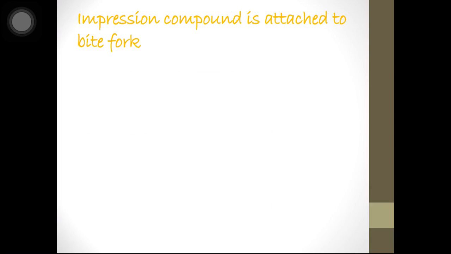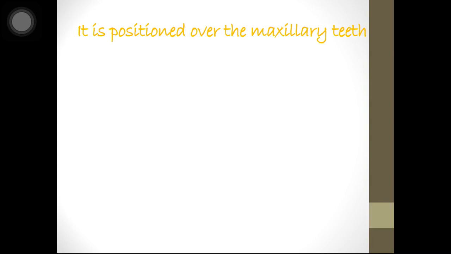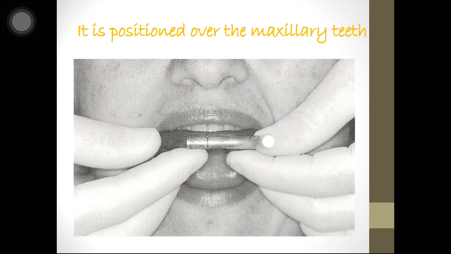So moving on, how to use the facebow. First of all, the position of the maxilla is recorded over the bite fork with the help of impression compound. This is the bite fork, and over this a heat softened impression compound is loaded, and then it is positioned over the maxillary teeth.